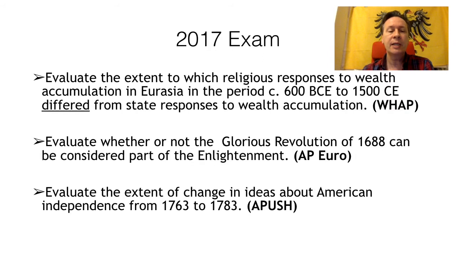For 2017, evaluate the extent to which religious responses to wealth accumulation in Eurasia in the period 600 BCE to 1500 CE differed from state responses to wealth accumulation, for WAP. Evaluate whether or not the Glorious Revolution of 1688 can be considered part of the Enlightenment, for AP Euro. Evaluate the extent of change in ideas about American independence from 1763 to 1783, for APUSH.